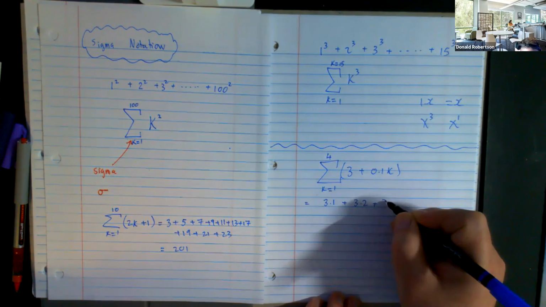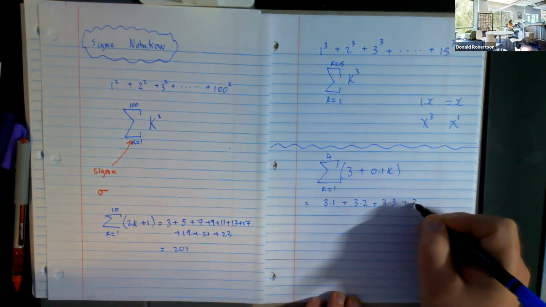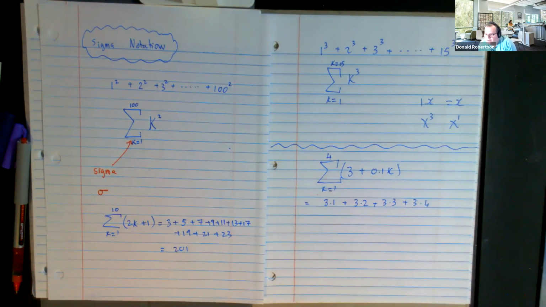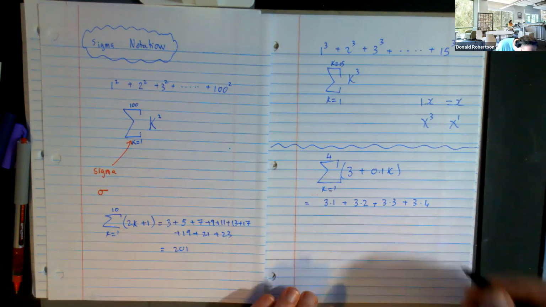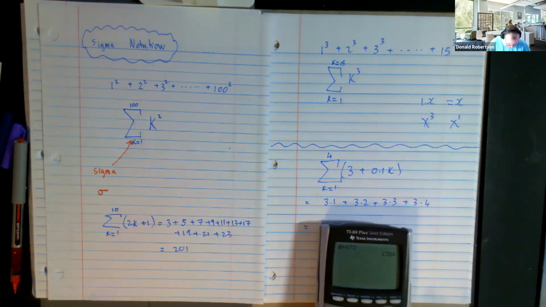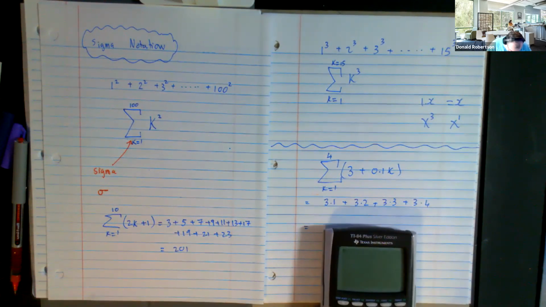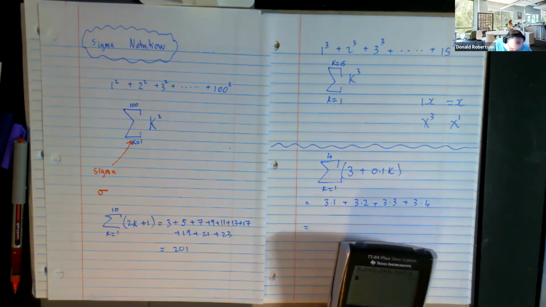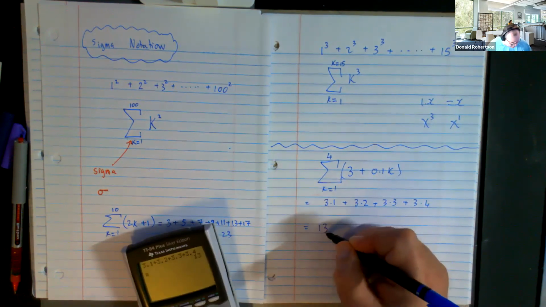Then you plug in 3. And then finally you plug in 4. Do you see that that basically just means this? And once you know that, don't you then go to your calculator and do 3.1 plus 3.2 plus 3.3 plus 3.4 and you get your answer. Oh, what a really nice answer, 13.